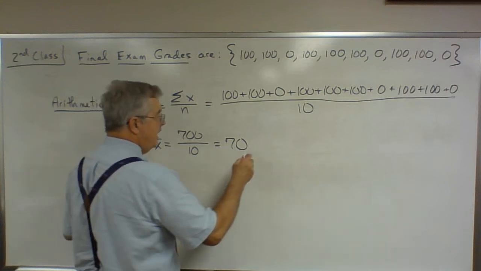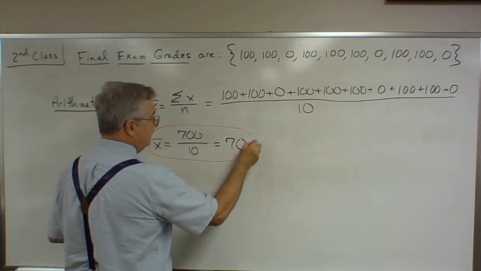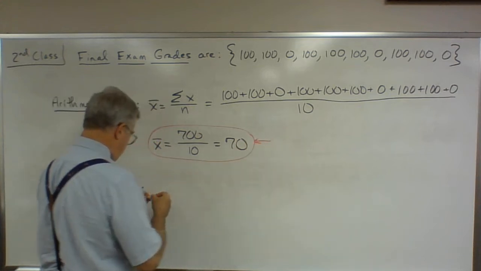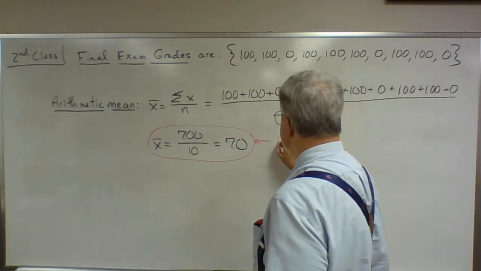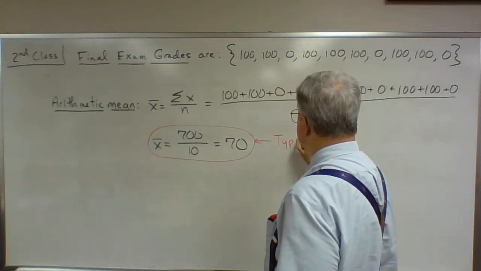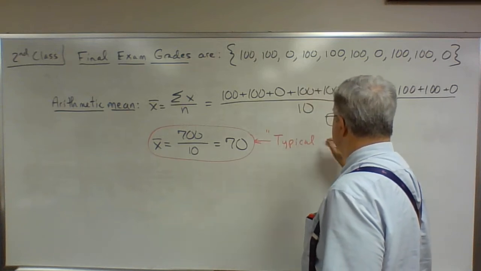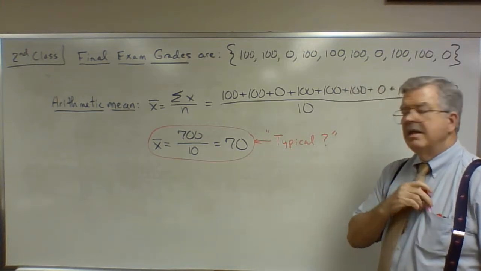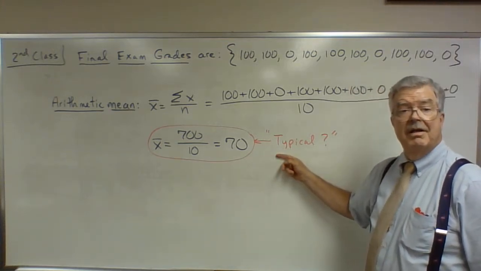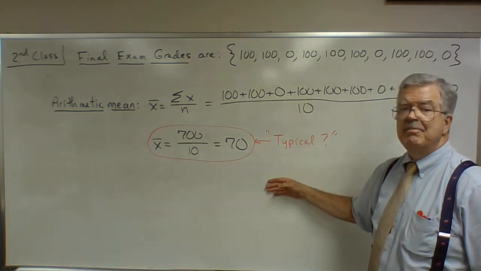So can we say that in this case, the arithmetic mean is typical? Not at all. 7 of the students are excellent, 3 of them are very poor.